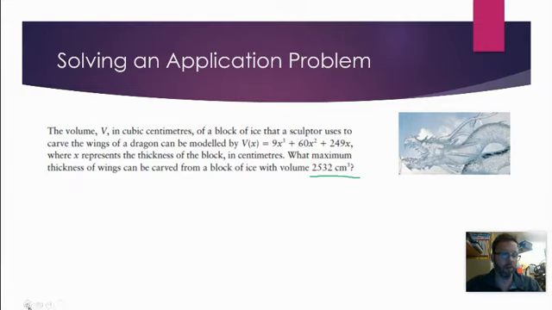In other words, we're solving this polynomial equation, taking the volume, 9x cubed plus 60x squared plus 249x, and we're saying when does that equal 2,532?